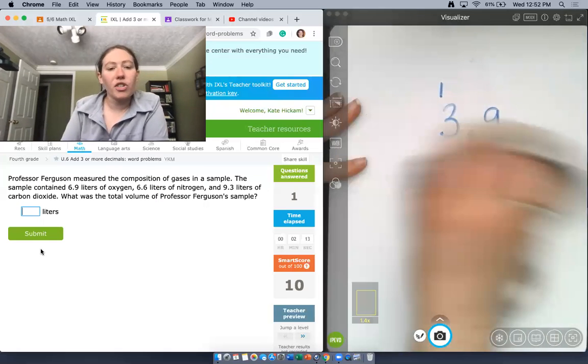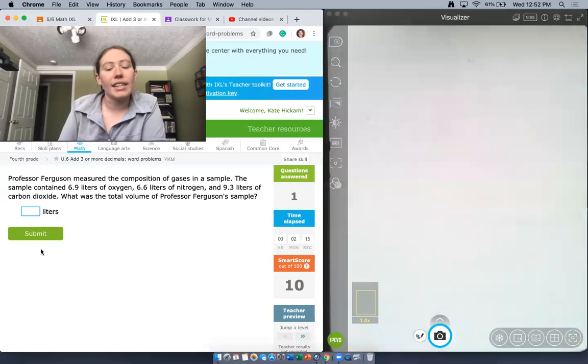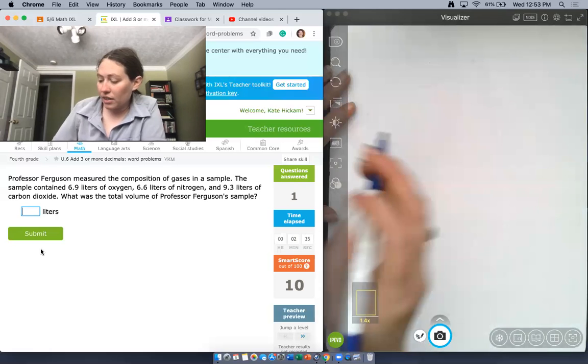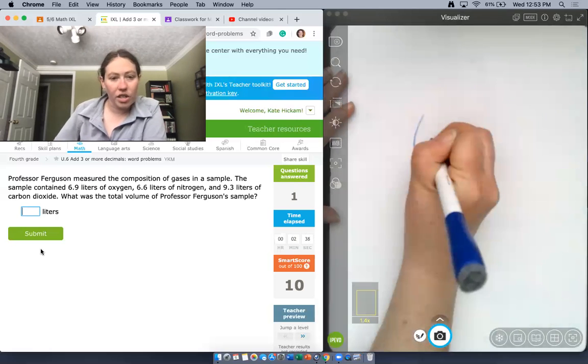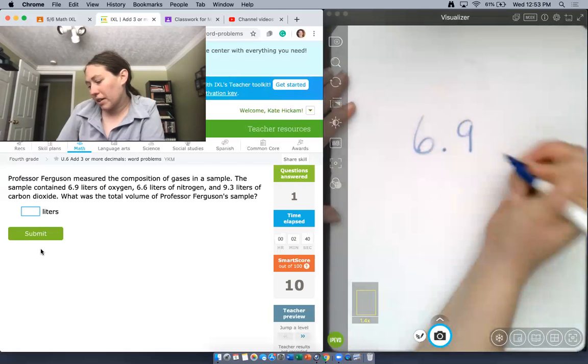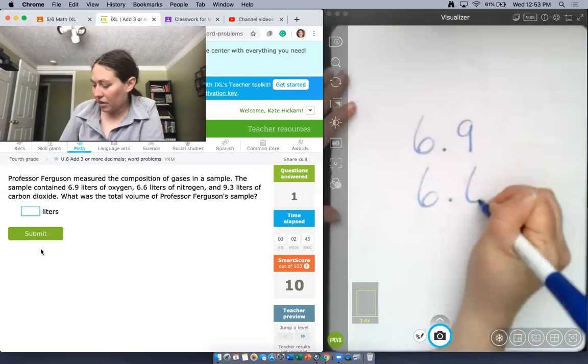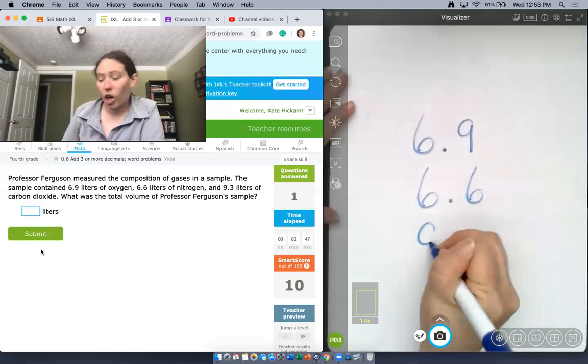Professor Ferguson measured the composition of gases in a sample. The sample contained 6.9 liters of oxygen, 6.6 liters of nitrogen, and 9.3 liters of carbon dioxide. What was the total volume of Professor Ferguson's sample? So I have 6.9 of oxygen, 6.6 of nitrogen, and 9.3 of carbon dioxide.